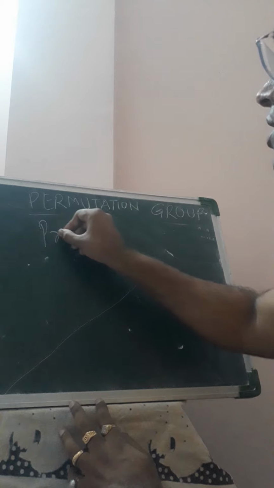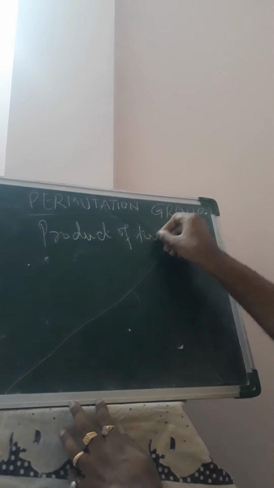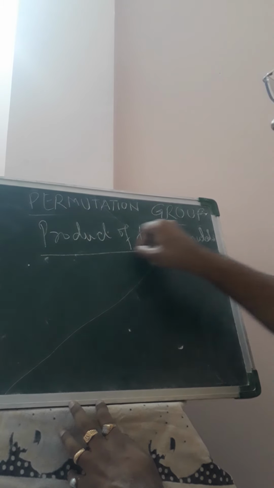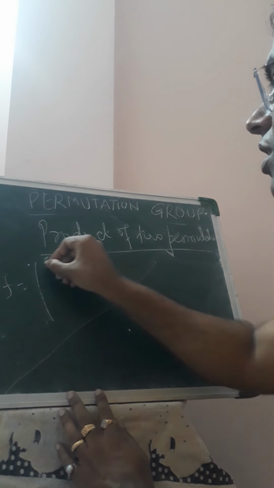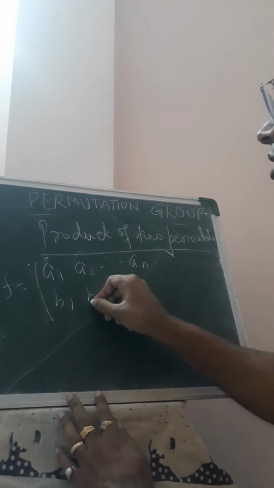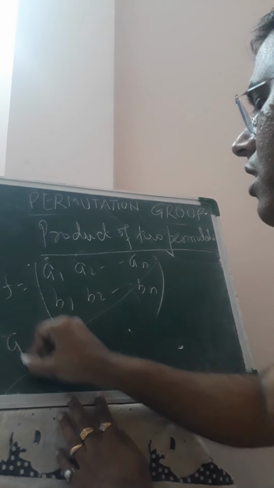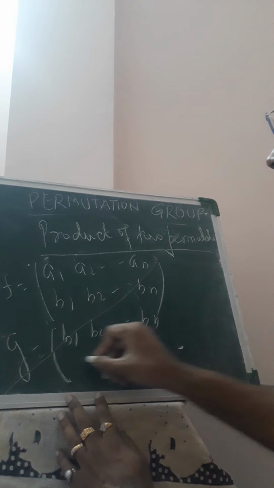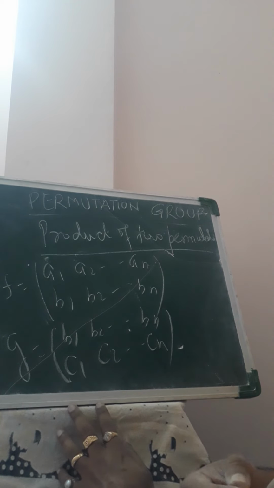Now how can we find the product of two permutations? Suppose f is equal to a1, a2, ..., an over b1, b2, ..., bn, a permutation on n symbols, and g is equal to b1, b2, ..., bn over c1, c2, ..., cn, a permutation on n symbols.